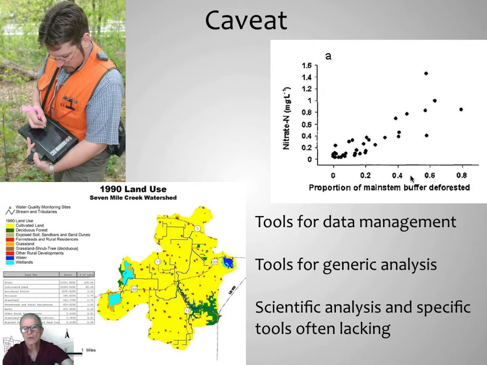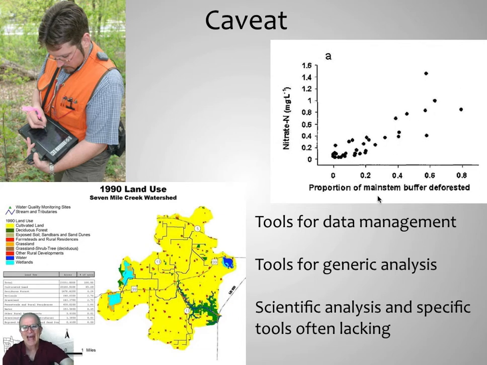Here's an example where we have the proportion of mainstream buffer deforested on streams. So if you have a main stem of a stream, you know how much of it is deforested. People have gone out and measured the nitrate loading, which is bad in the water, and established a relationship there.